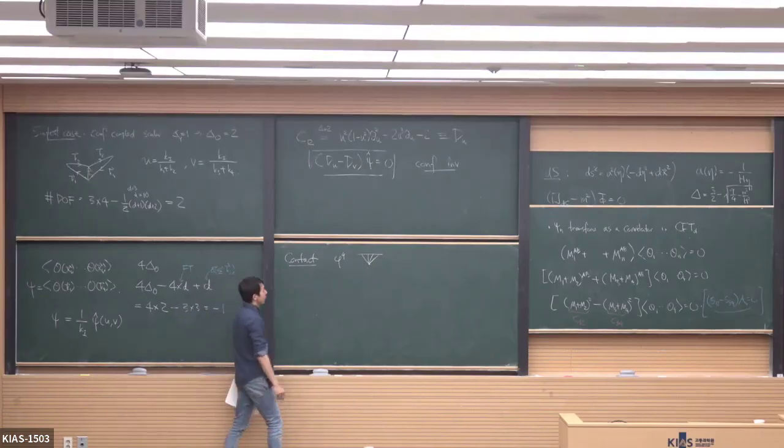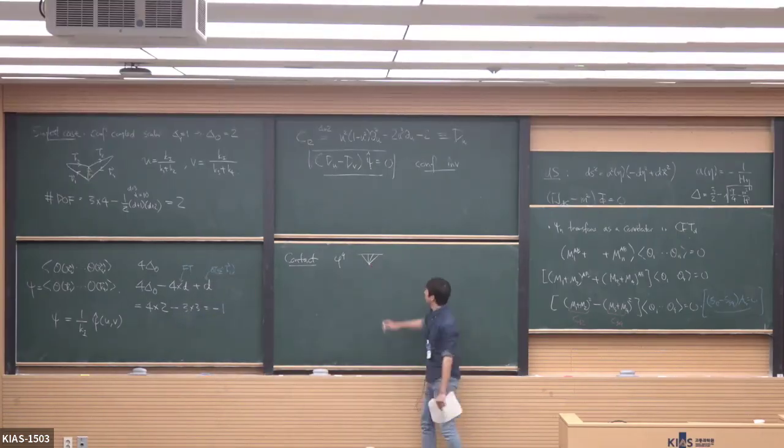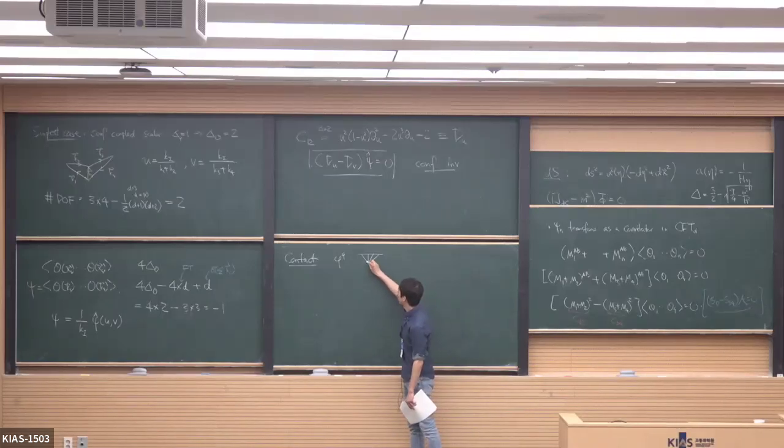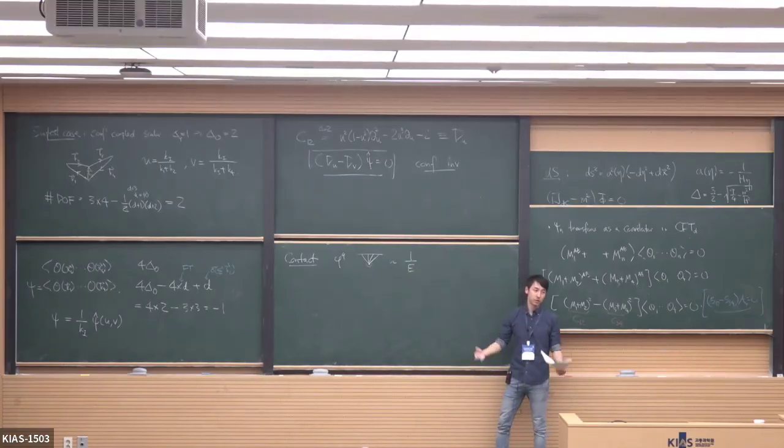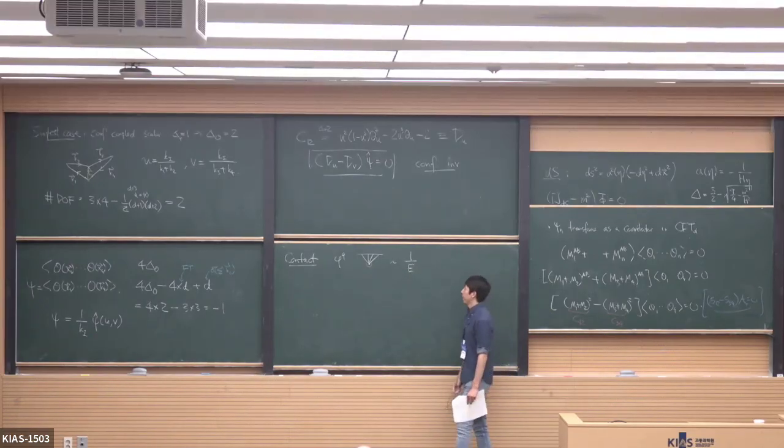For this sort of contact interaction, the only possible energy singularity is the one associated with the total energy. There's just a single vertex, so this should have some sort of 1/E singularity and nothing else.